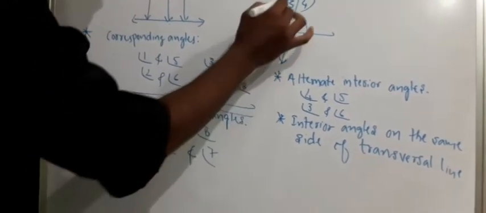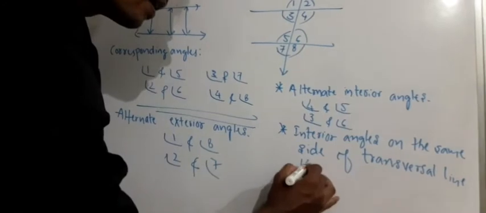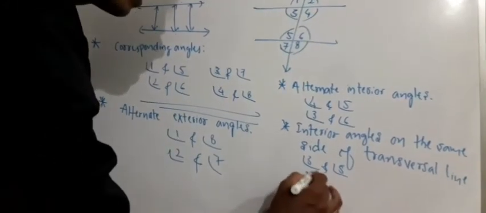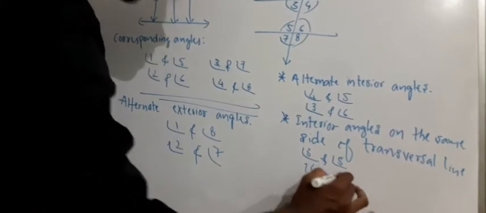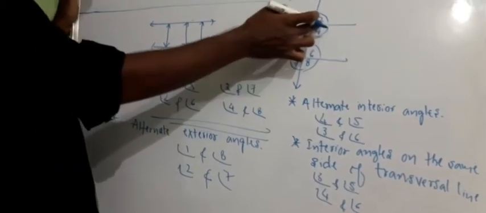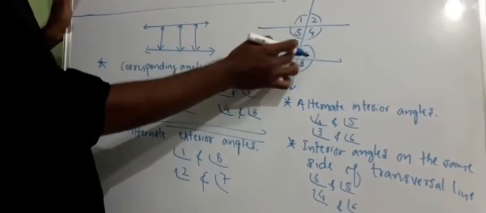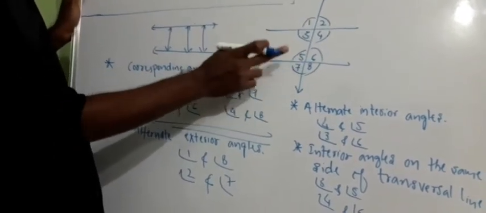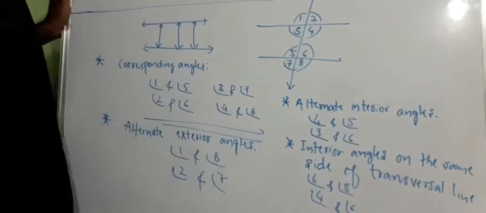That is angle 3 and angle 5, angle 4 and angle 6. These are the interior angles. So 3, 4, 5, 6 are interior angles. On the same side means angle 3 and 5 one pair, angle 4 and 6 other pair.